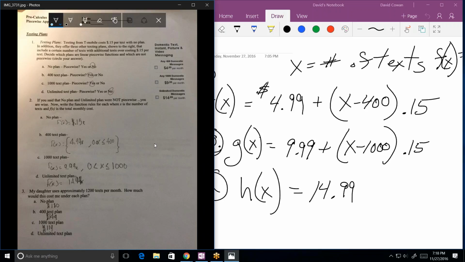And the unlimited text plan? $14.99. Right, so that's way the cheapest for her. Right, just to pay the unlimited one. All right, let me go to the back of this page.